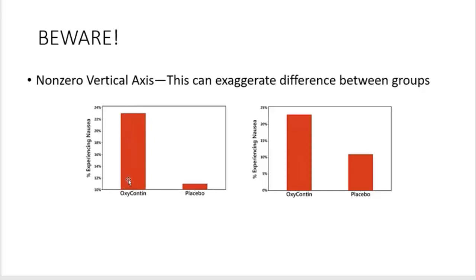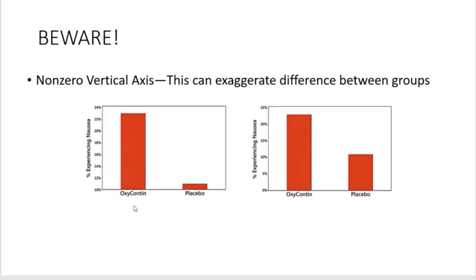And if OxyContin is at 23%, you can, if you're very, very careful, get those numbers and say, okay, this one's 23 and this one's 11. So OxyContin is really just a little more than twice as much. A little more than twice.